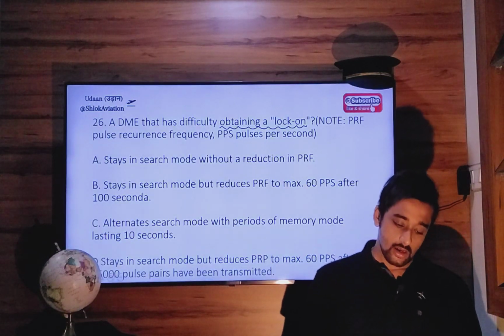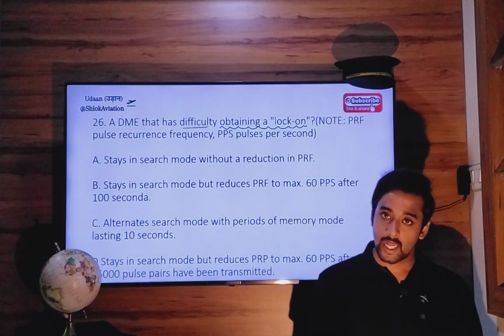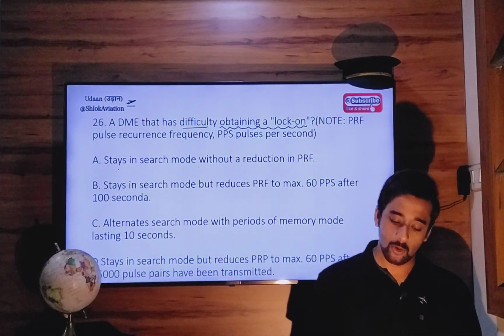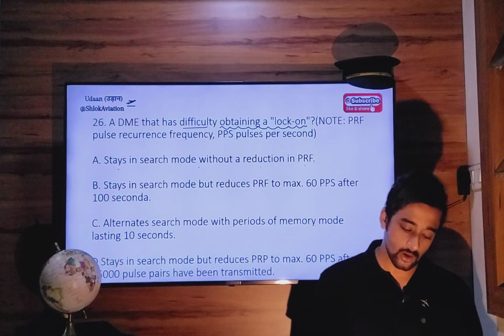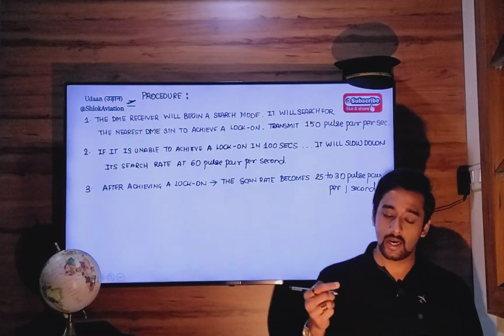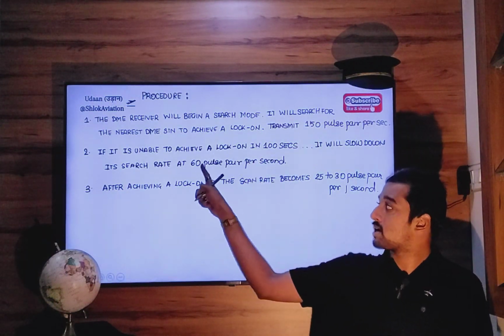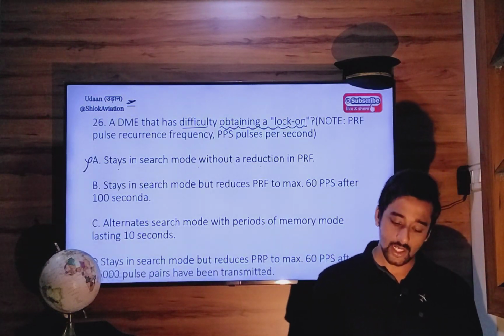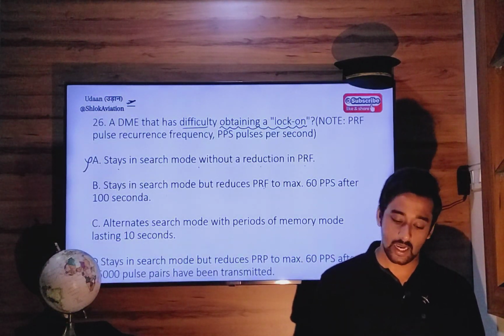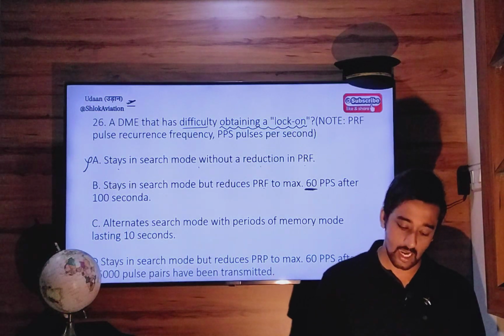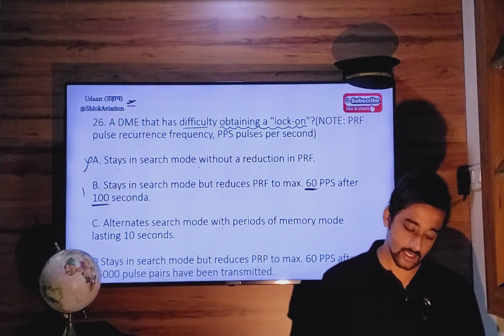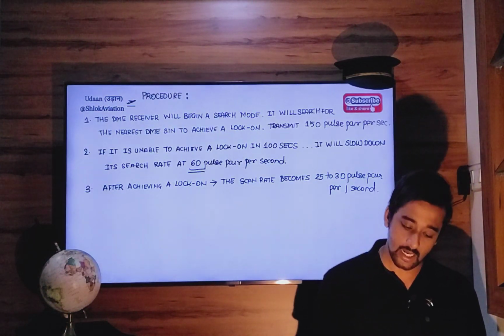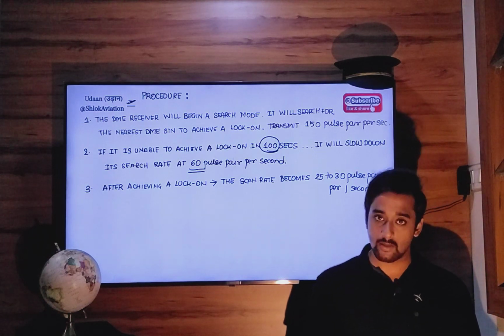So now, a DME that has difficulty obtaining a lock on stays in search mode without a reduction in PRF, wrong. There will be a reduction in PRF. 150 will become 60, right? So stays in search mode but reduces PRF, pulse recurrence frequency, to maximum 60 after 100 seconds. Yes. So after 100 seconds, the PRF becomes 60.